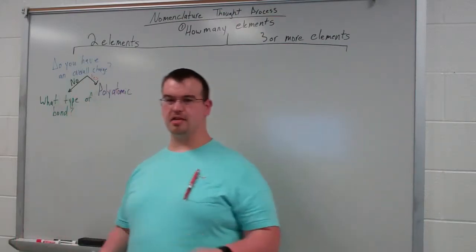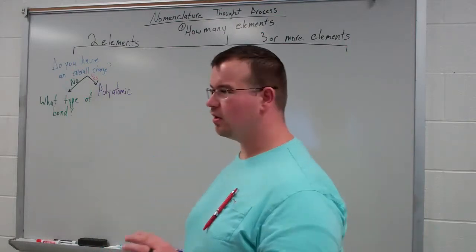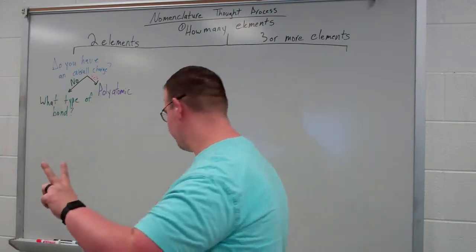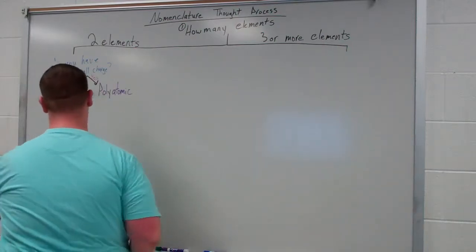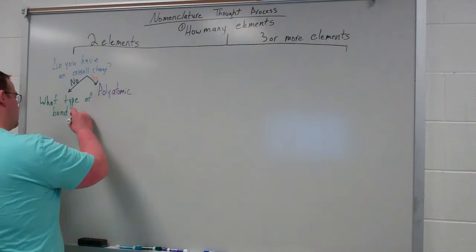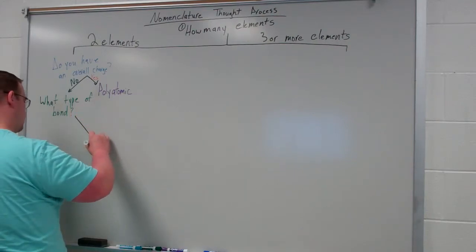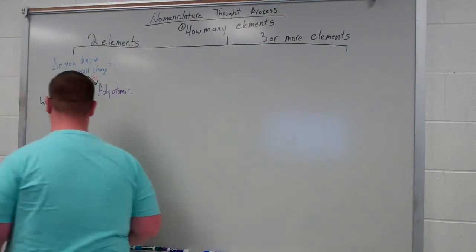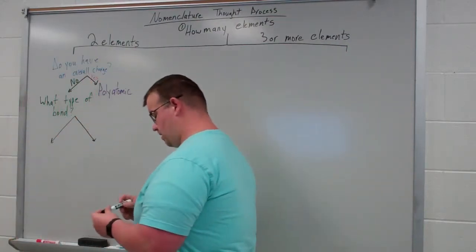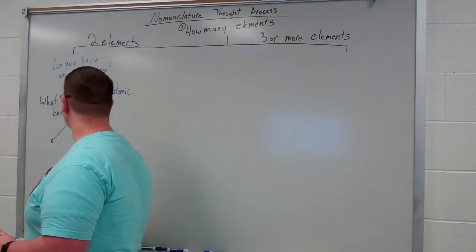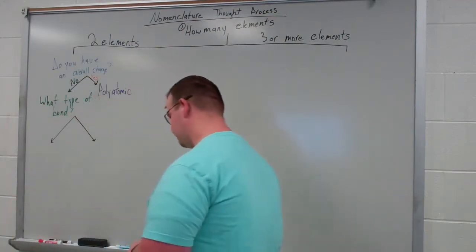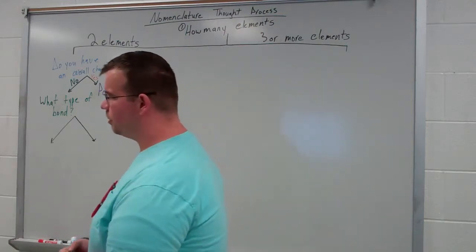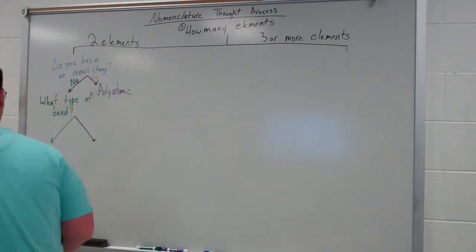So when you're asking yourself what type of bond, I know we learned all sorts of different types of bonds, but we're focused on the generality of two of them. So there's two that generally we're looking at here. So it's going to break it down from these two. So the first one is ionic.